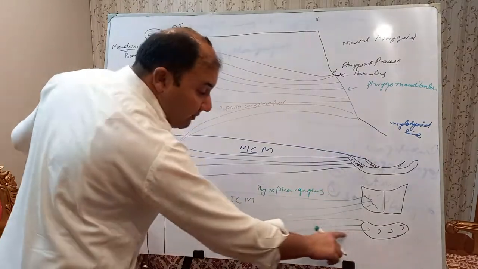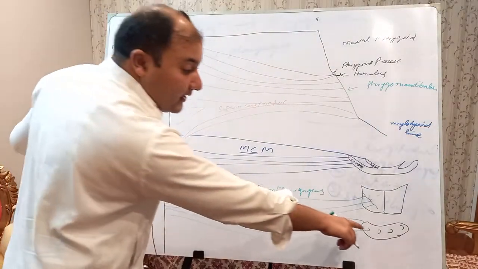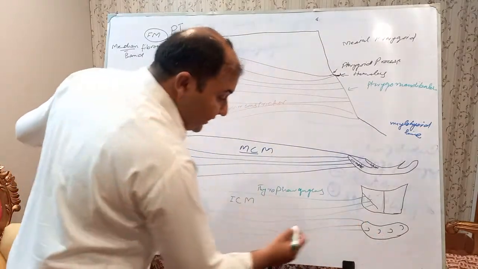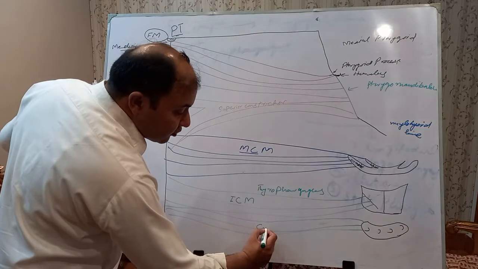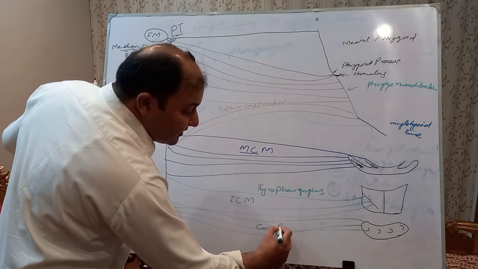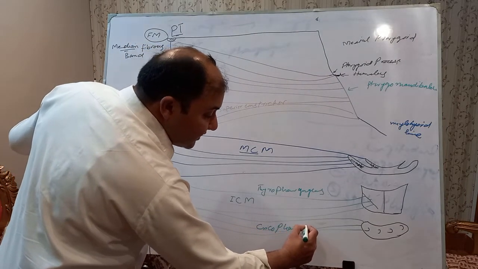And the fibers which originate from the cricoid cartilage, this portion is called the cricopharyngeus muscle.